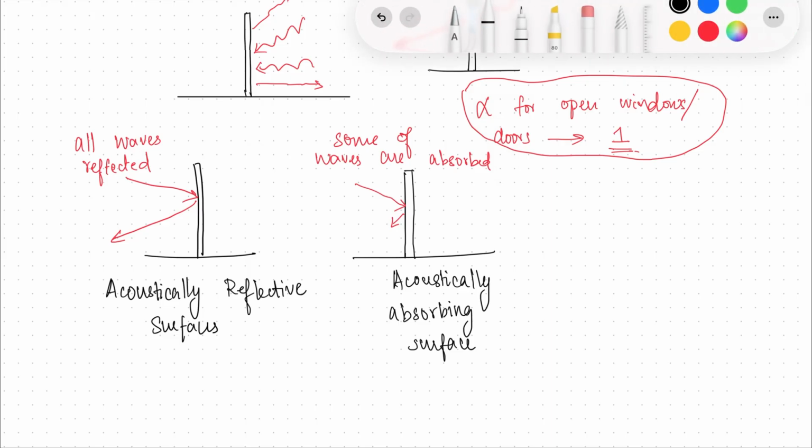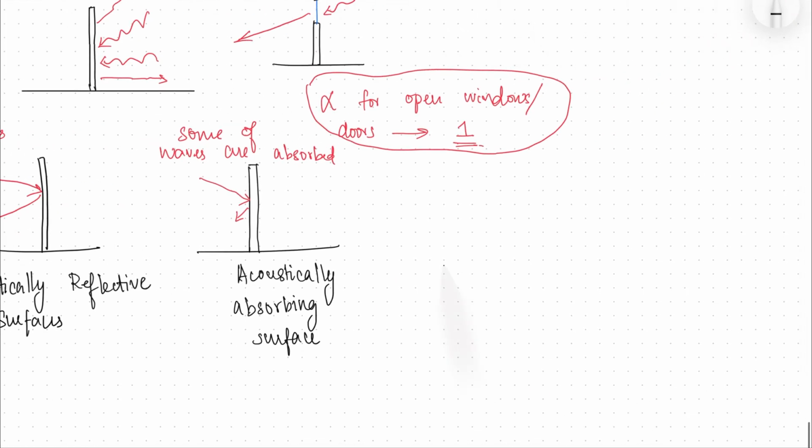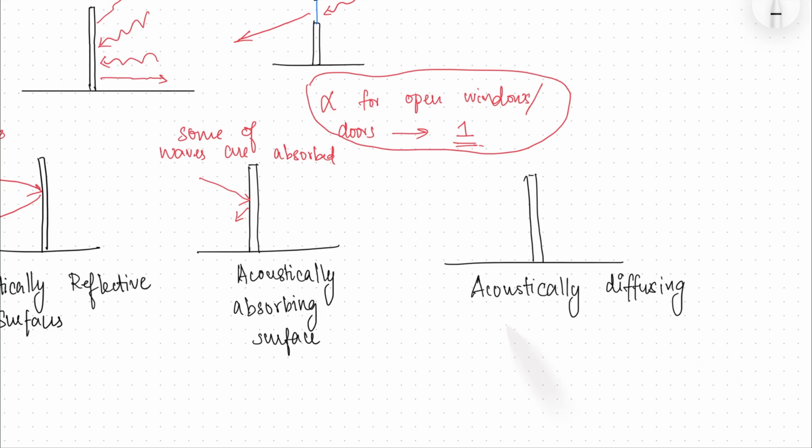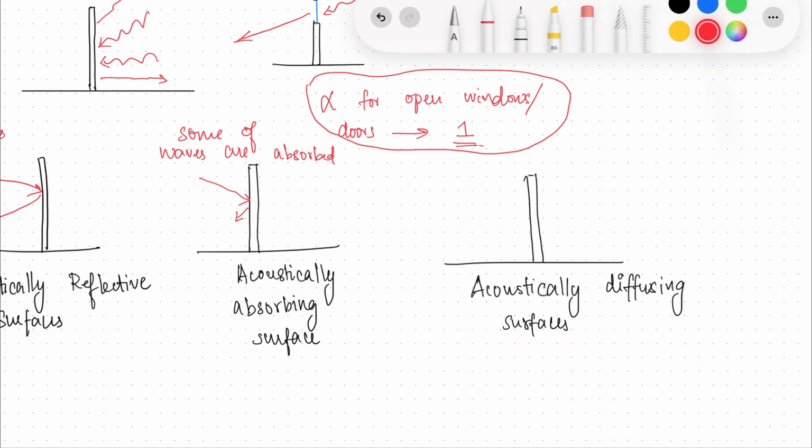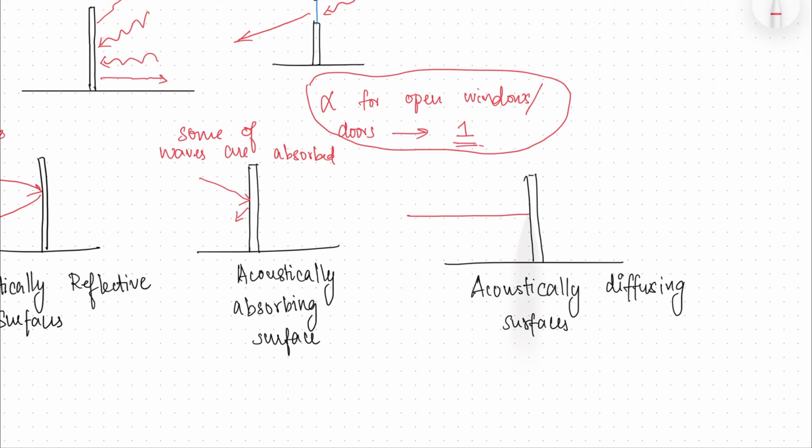And you also have acoustically diffusing surfaces, which means the waves that hit are sent back as diffused waves, like scattered or diffused this way.